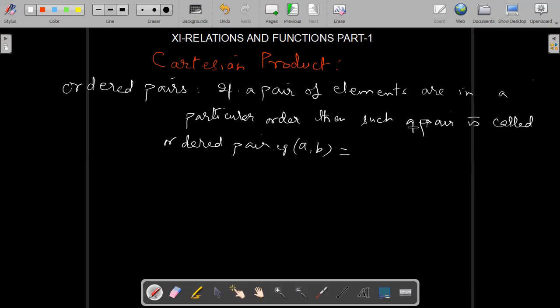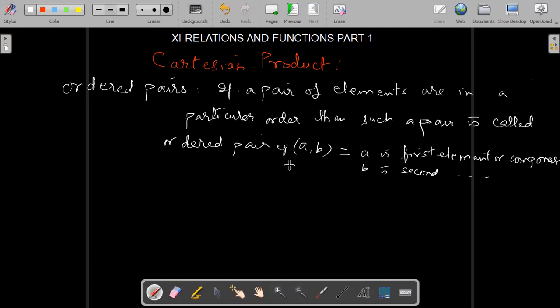A is always the first element or first component, and B is the second element.